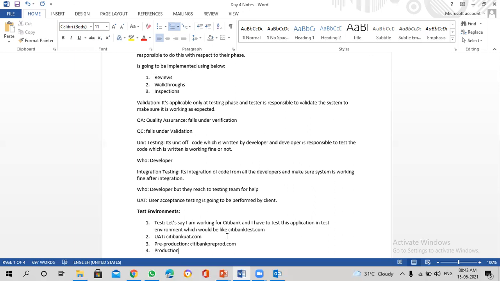So for APAC, let's say you are working on terms and conditions and legals, everything will change based on the region, right? So only those rules, terms and conditions should be applicable for that particular APAC region. So you need to test all those things under APAC, which is separated.